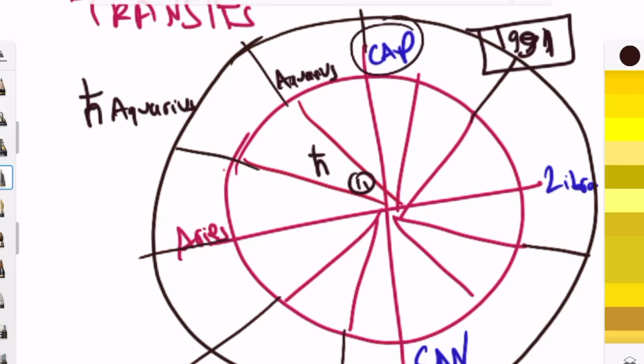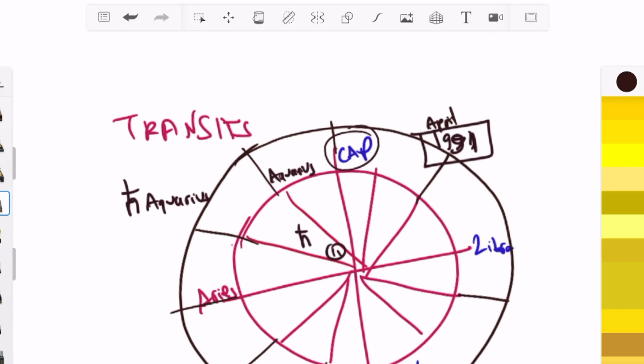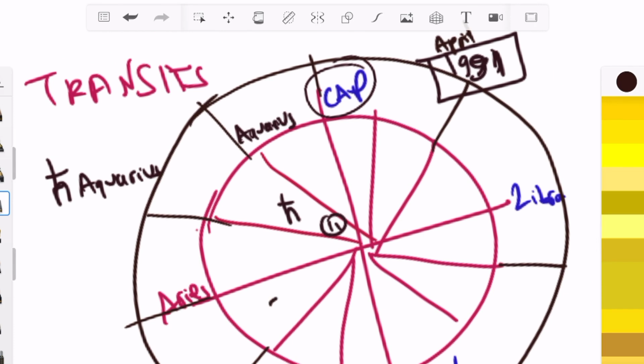For example, you were born in April, meaning that your Sun is also in Aries.